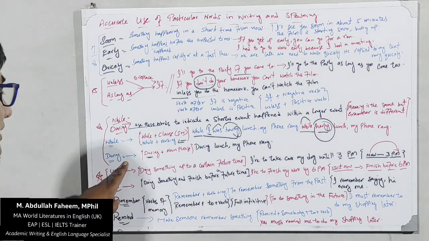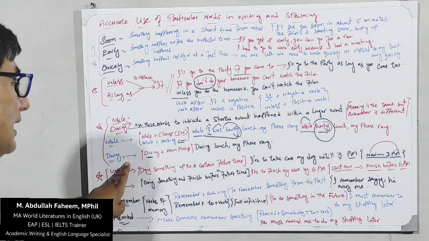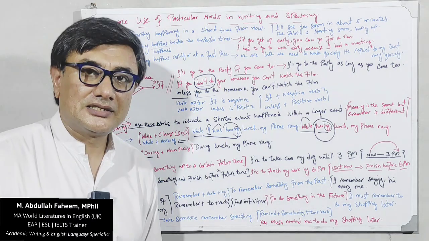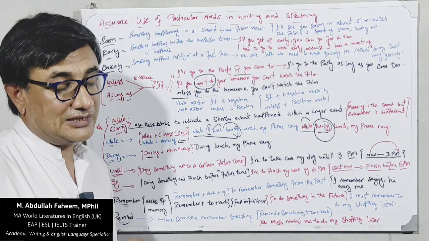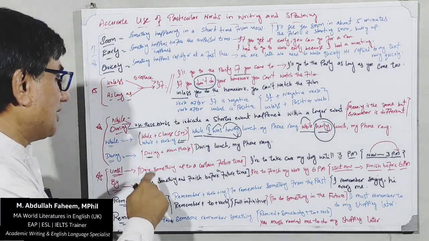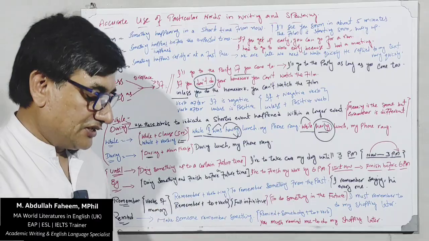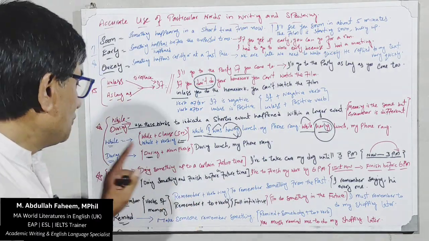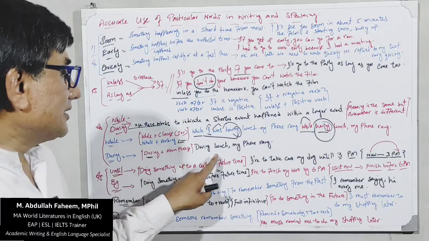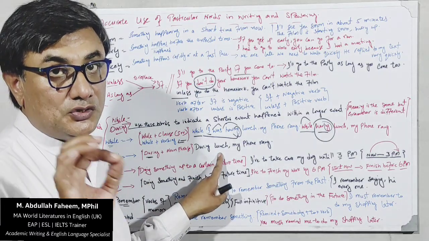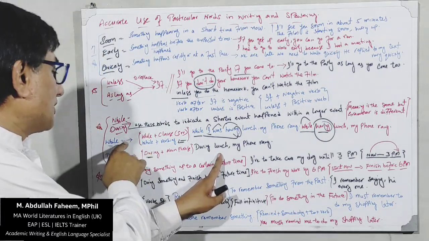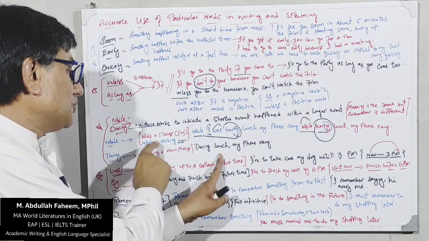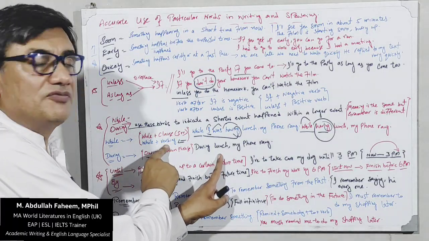So now we try to understand the use of during. When you want to make the sentence, as I already have said, the meaning is the same. During plus noun phrase. For example, during lunch, my phone rang. So when you use during, after it you will use a noun. Whereas after while, you use a clause or verb with ing.